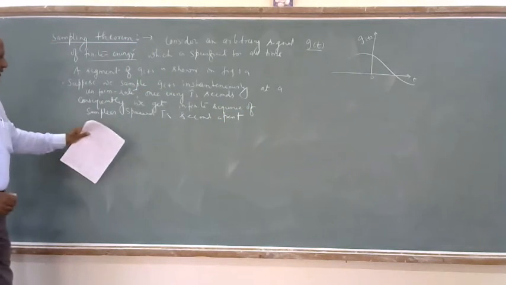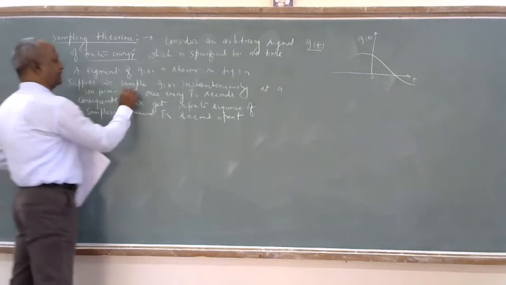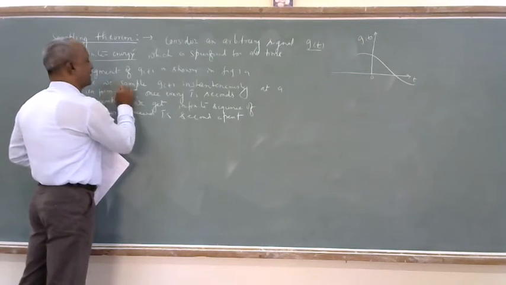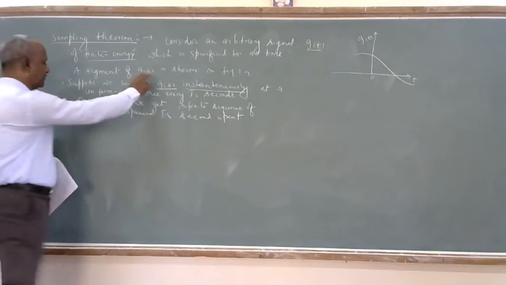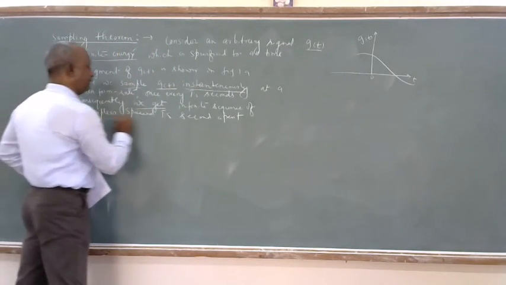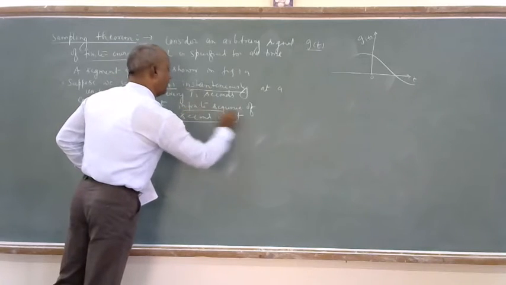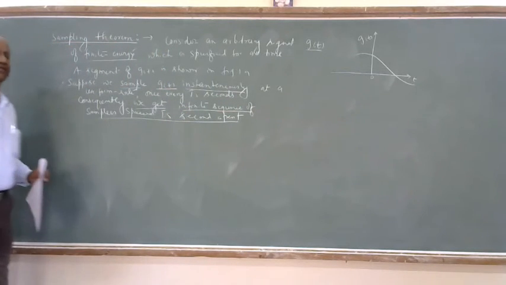Okay, this is what I do in sampling first. Sample z of t instantaneously. By doing this, we get an infinite sequence of samples spaced ts seconds apart.